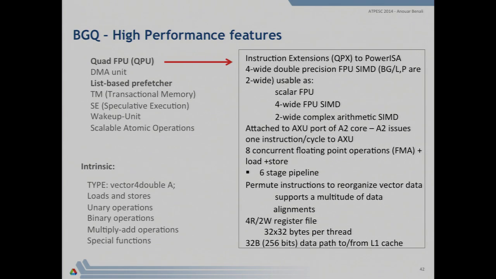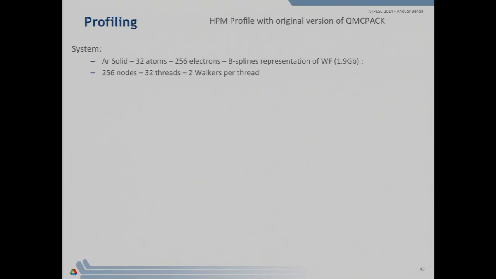So for QMCPACK, we took whatever was available here, and we tried to see how we can improve our code. It was quite interesting to see what we did. We took a generic system, which is an argon type of solid. Argon is a noble gas, and also a national lab, but this one is the noble gas that we took. It's a fairly large system, a typical type of system that we've seen.